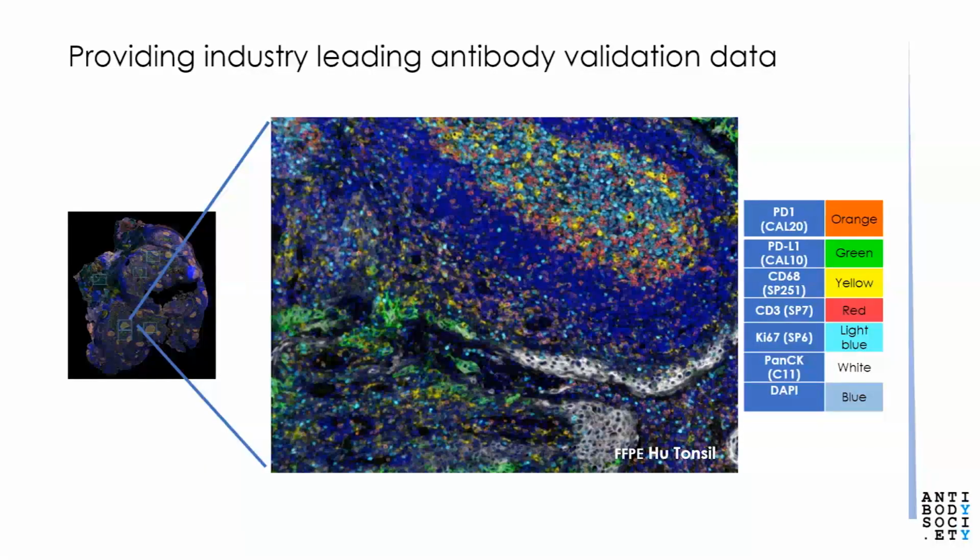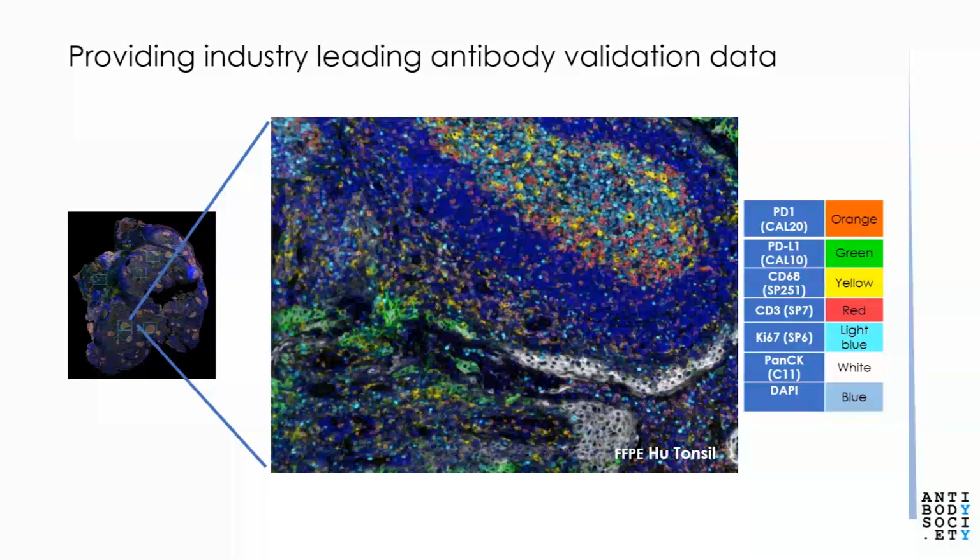And this is particularly important for complex assays such as multiplex IHC, where the objective is to accurately detect the presence of multiple proteins in a particular sample simultaneously. And in this image, you can see the presence of 6 individual proteins clearly identified.